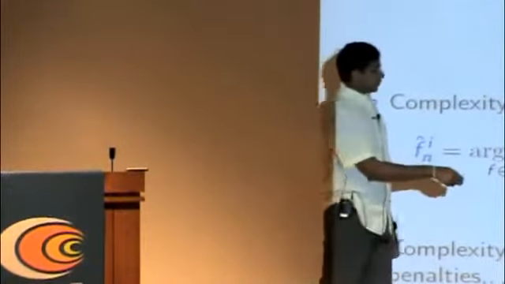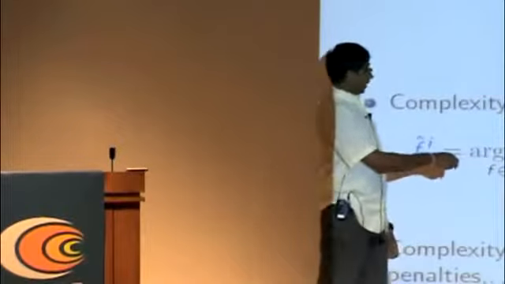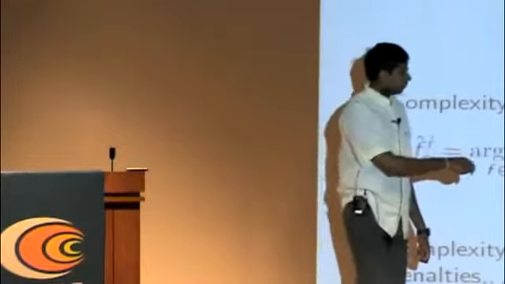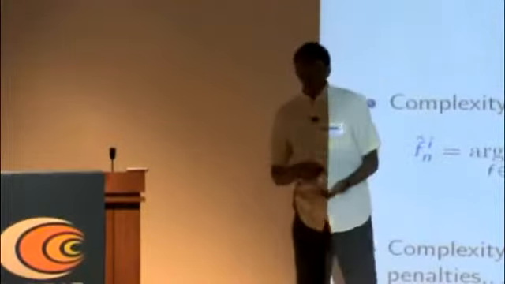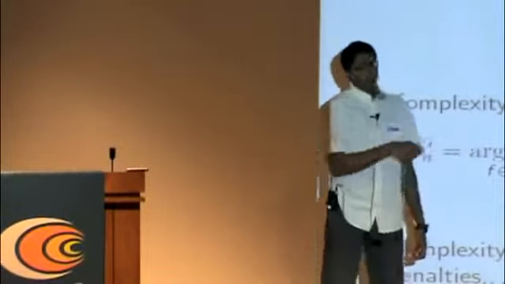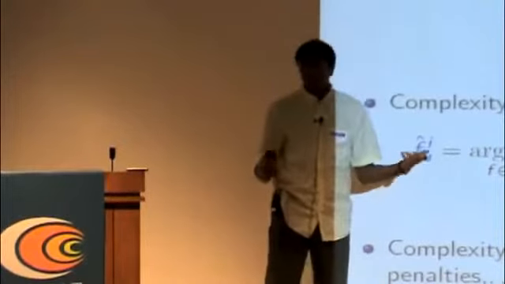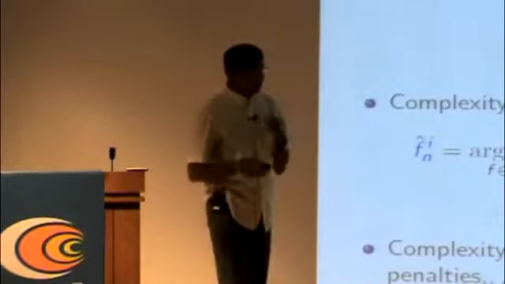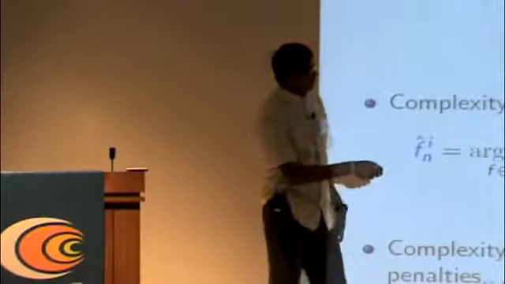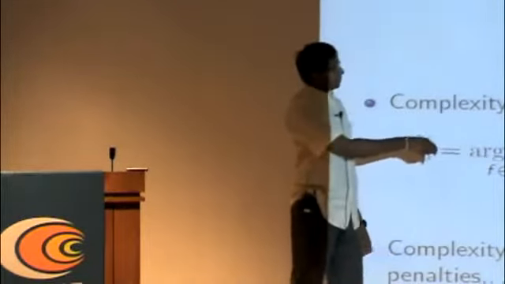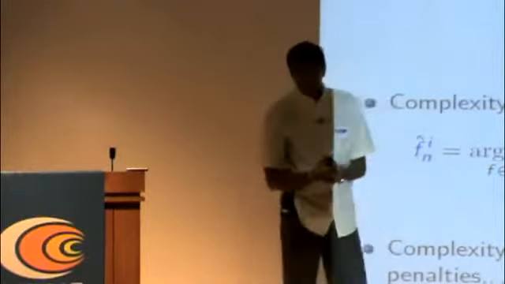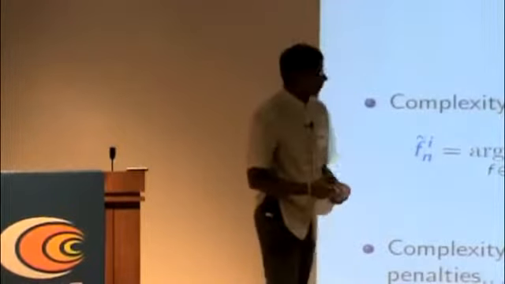Now for each of these, we look at this sample loss that we have already computed, but we also add in the complexity of the model class and pick the one that minimizes the sum of these two terms, because these two terms are our proxies for estimation and approximation errors. And the function from this collection that minimizes is our final estimator f hat n.